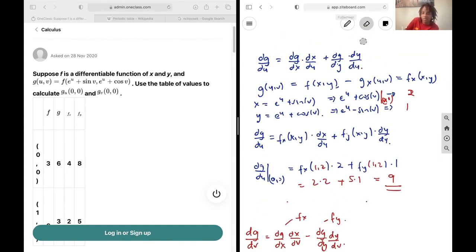The derivative with respect to u is just going to be e to the u for both of them, so this is going to be equal to 1, and this is going to be equal to 1. We are going to be multiplying both of these by 1, and instead it should give the answer 2 by 1 plus 5 by 1, which is 7. And that's the correct final answer.